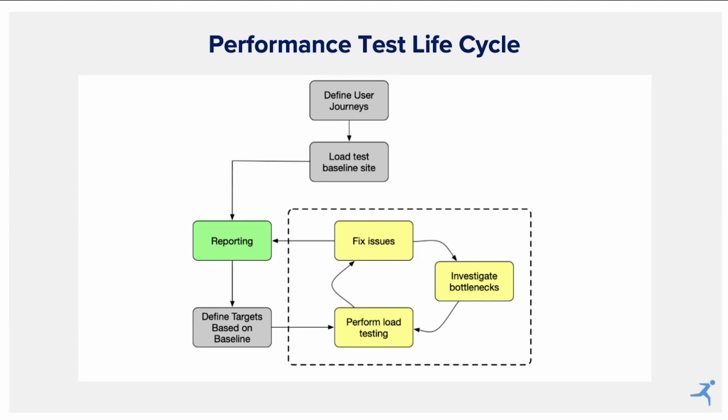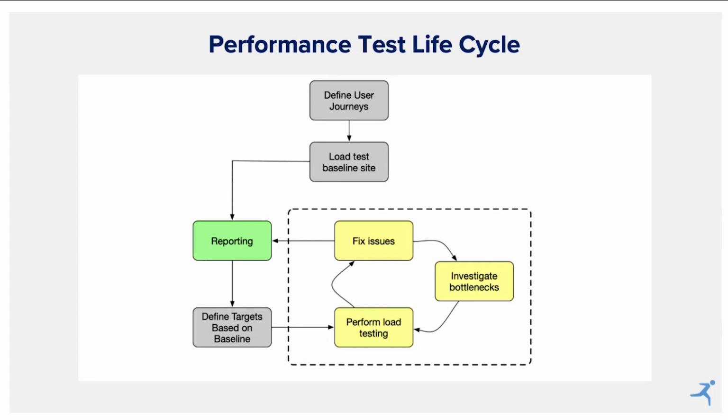So once the load test is done, we compile the results into a report. This report will highlight any areas where the site is underperforming, and it will give insights into the load capacity of our system. So with this test data, what we do is we set performance targets.